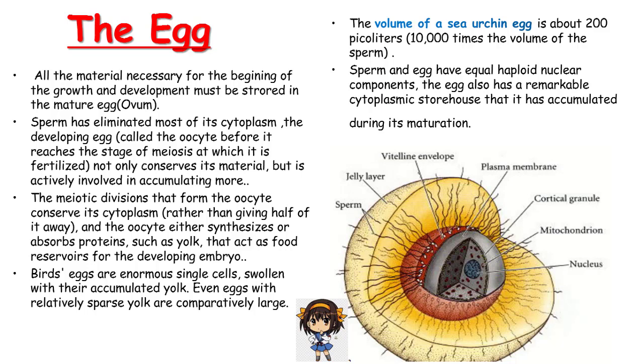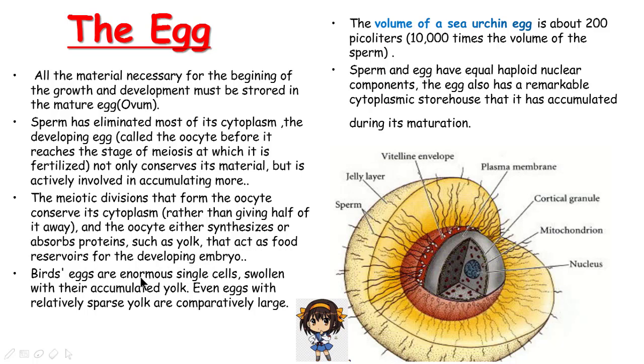The meiotic division that formed the oocyte conserved its cytoplasm rather than giving half of it away. The oocyte either synthesizes or absorbs protein such as yolk that acts as a food reservoir for the developing embryo.